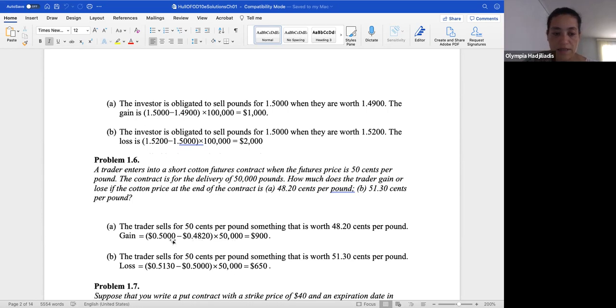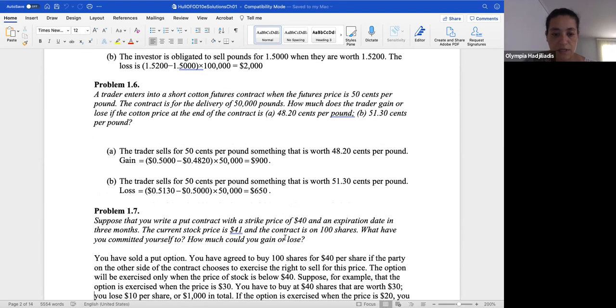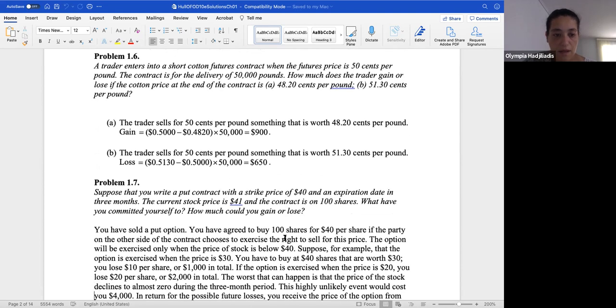So the gain is the difference, 0.5 minus 0.482 times 50,000, which is $900. In the second case, the trader sells for 50 cents per pound something that is worth 51.30 cents per pound. So the loss is 0.5130 minus 0.5 times 50,000, which is $650.